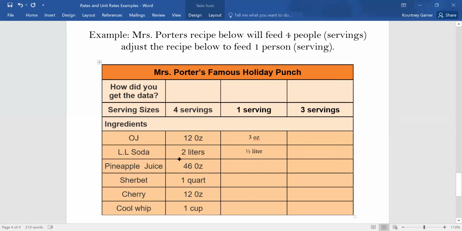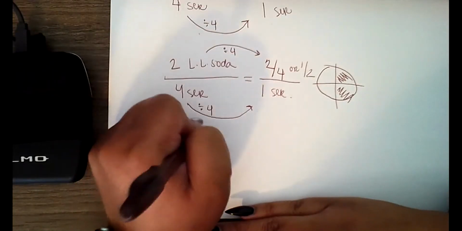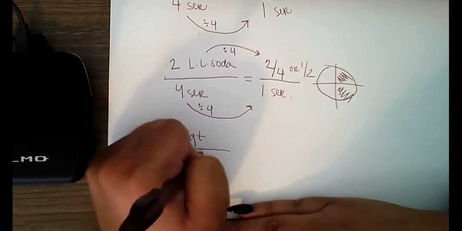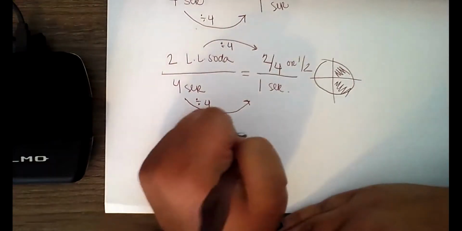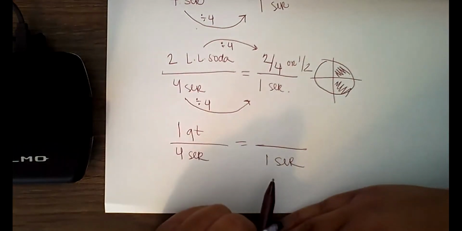All right, and then our last example, we want to look at the sherbet. So I have 1 quart of sherbet for 4 servings. So what I'm going to do is, on my paper, I'm going to write my rate that is given to me. So I have 1 quart for 4 servings. I'm trying to figure out, how much am I needing for 1 serving?